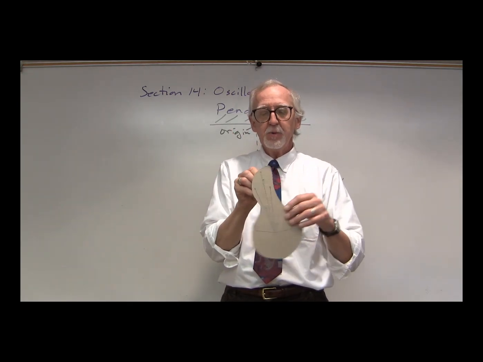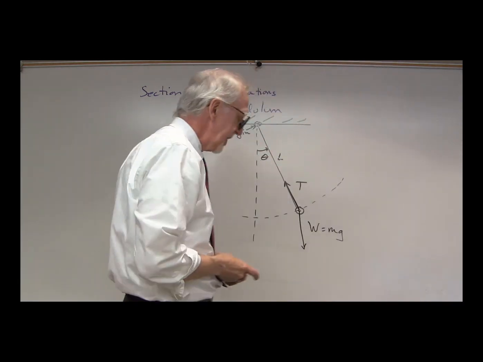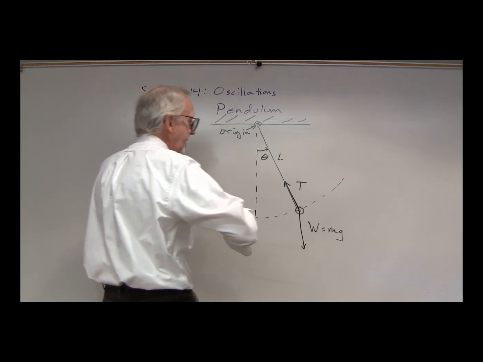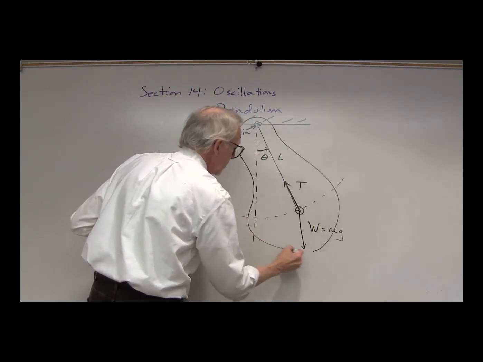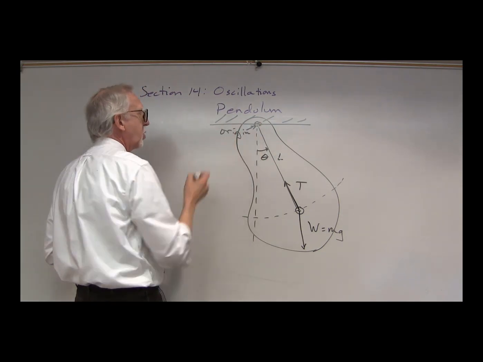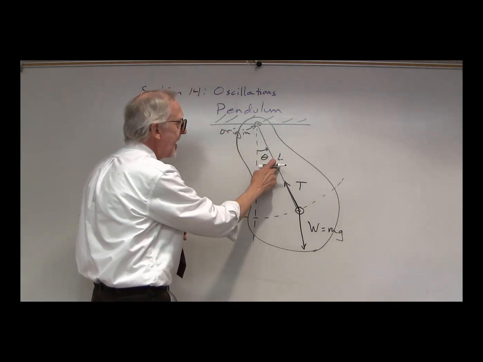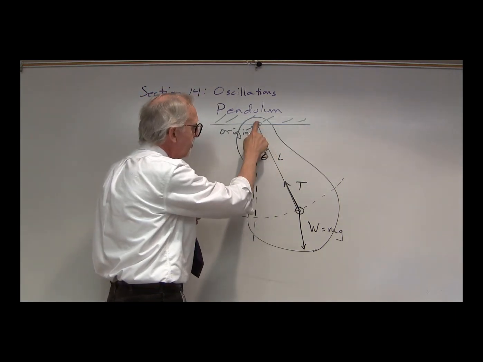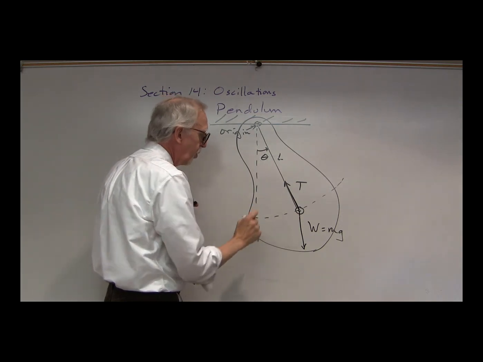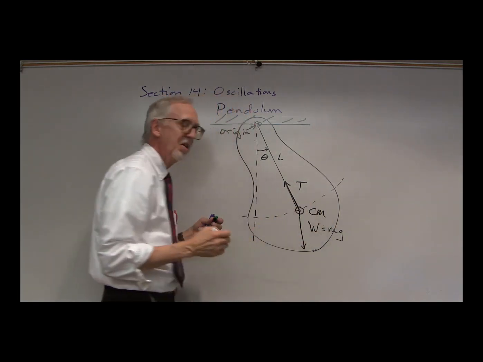So what's the difference between this and what we had before? Well, rather than a point mass, let's now imagine that we've got some complicated shape, but again, it's supported somewhere within the object. It doesn't have to be. But now this distance L, rather than the distance from the point of support to the point mass, let's imagine this is the location of the center of mass.